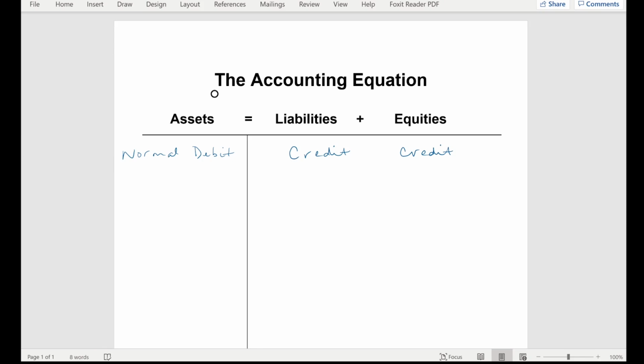We talked about numbering on the chart of accounts, and again, the asset account starts with a 1. I'm just going to use 4 digits here, but the numbers can be other lengths. Liability accounts start with a 2. And equity accounts start with a 3.